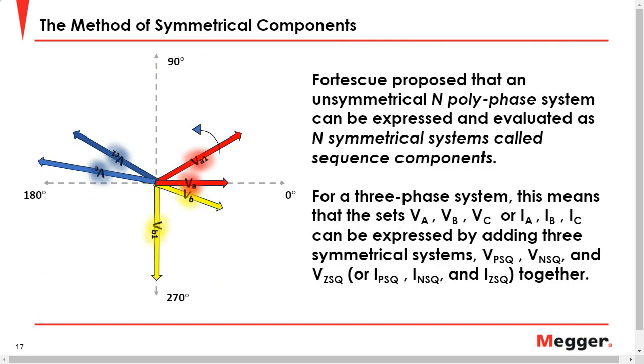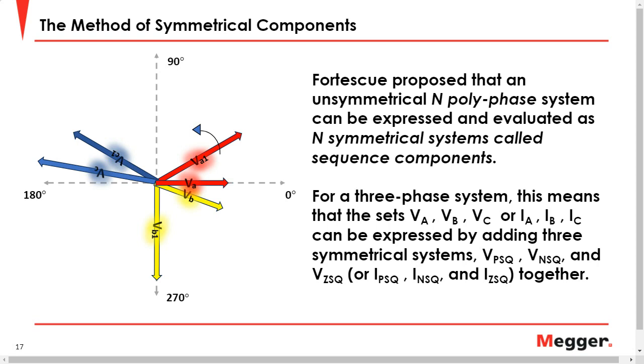So if we can't use a per phase equivalent circuit, then what do we do? We get back to Charles Fortescue and his method of symmetrical components. He proposed that an unsymmetrical polyphase system could be expressed and evaluated as symmetrical systems called sequence components. For a 3-phase system, this means our real-time values, such as VA, VB, VC, IA, IB, IC, are quantities that our relay is monitoring in real time.